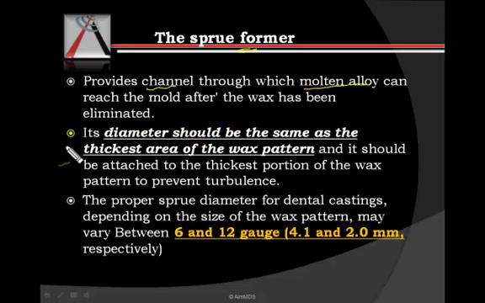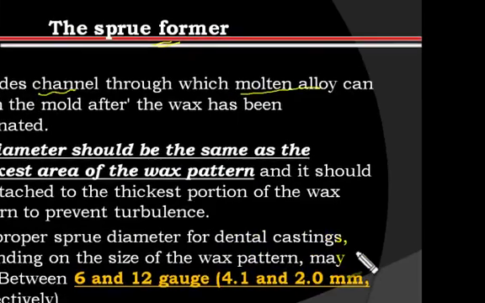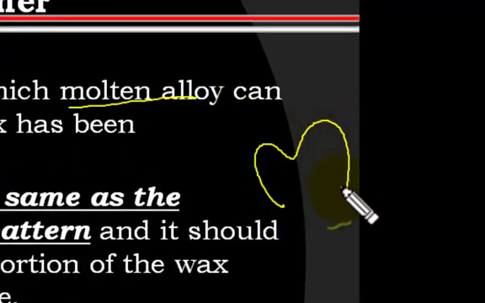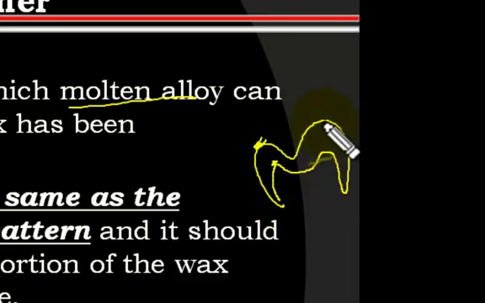The first one says the diameter of this sprue former should be the same as the thickest area of the wax pattern. So imagine this is the wax pattern. We consider the thickest portion of the wax pattern, and we want the thickness of the sprue former to be equal to it.